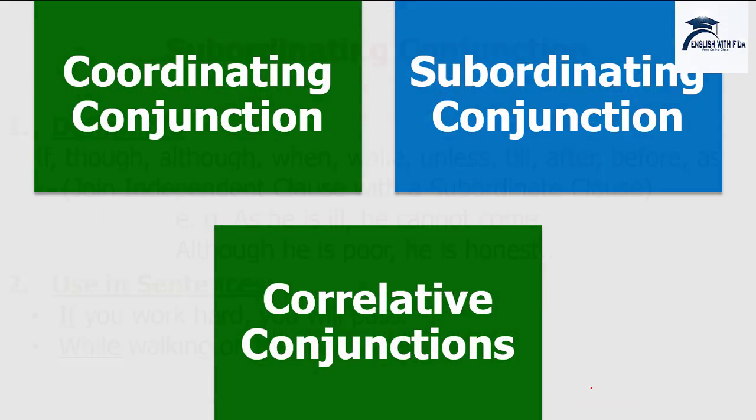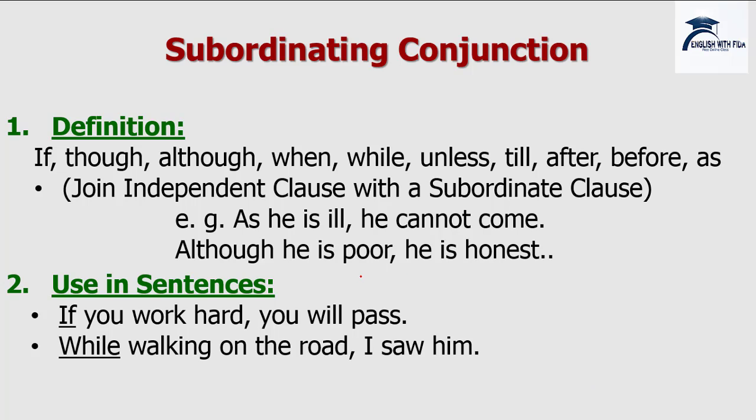Then comes subordinating conjunction. Subordinating conjunction, as the word subordinate stands for dependent. Subordinate is the one who takes orders from his boss. Similarly, a conjunction that connects a dependent clause with an independent clause is called a subordinating conjunction.